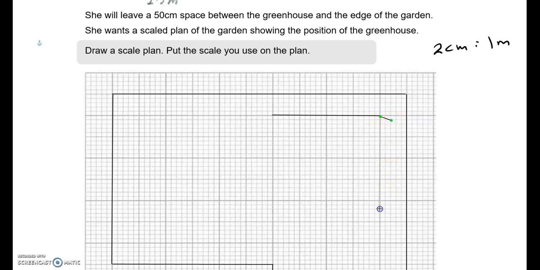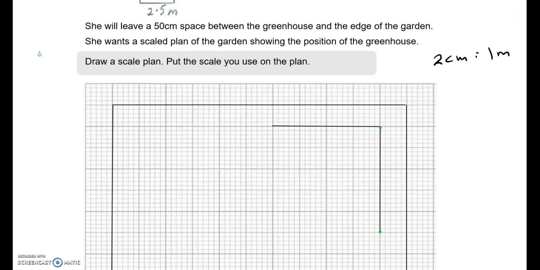So it's going to be 5 squares. 2, 3, 4, 5. I could have done 2.5 meters this way and 2 this way, and both of them would have been correct because it hasn't been specified in here.